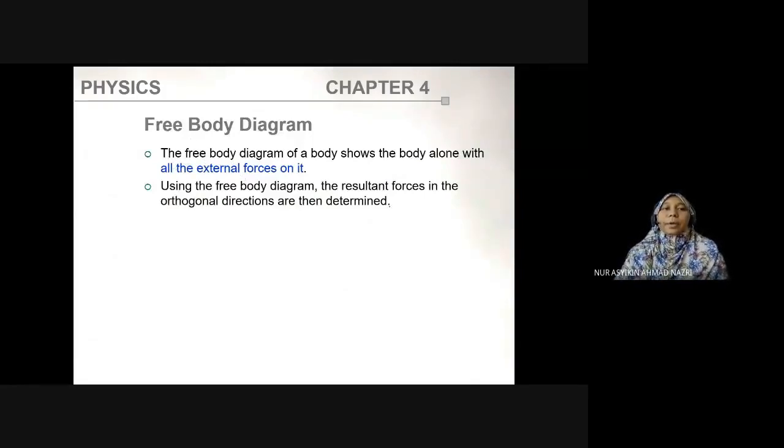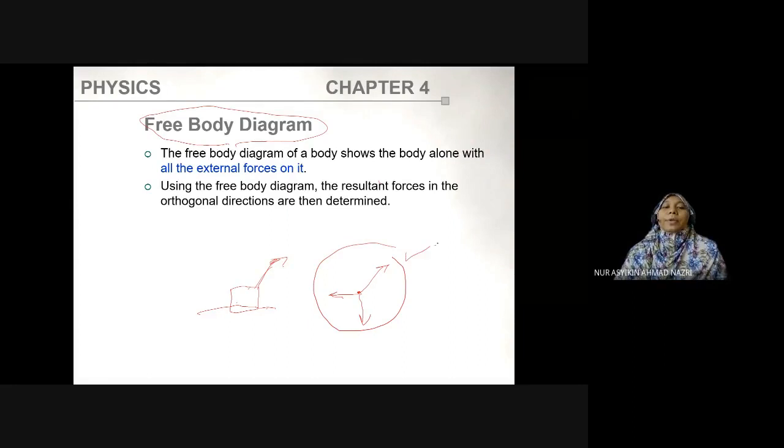Bila kata free body diagram, it's supposed to only have all the forces act on that body without the body. Contoh macam kalau awak nak cakap pasal force act on this box, but when transferred to free body diagram, it's only come out from a point to here, to here. So this is the correct and perfect free body diagram.